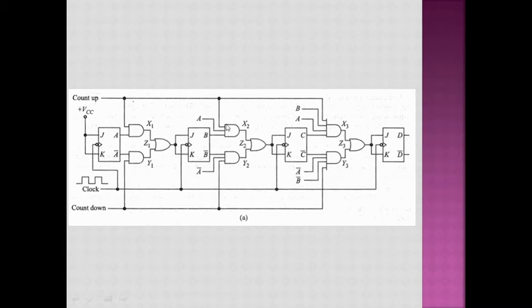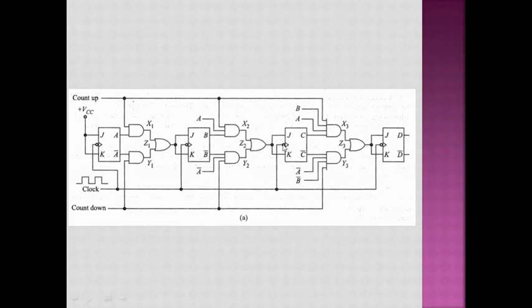Now there is a gate X2. So whenever A is high, B is high, and the count up line is high. In a count up mode, the count up line is always high. So this input is going to be high, A is high, B is high, then the output of X2 is going to be high, and one of the inputs of Z2 is going to be high.